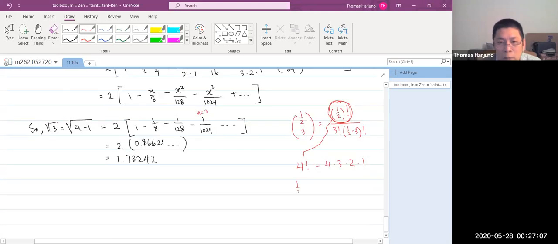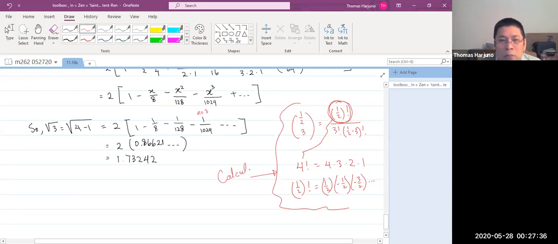But if you start from 1/2, there's no way you end at 1. You'll get 1/2, negative 1/2, negative 3/2, and the calculator will keep on going until it reaches 1, but it will never get 1. That's why it fails. Our calculator uses this algorithm, which is different from the way we did it earlier.